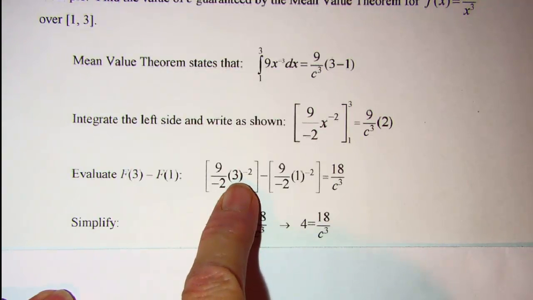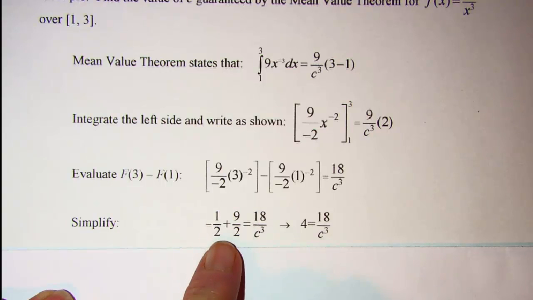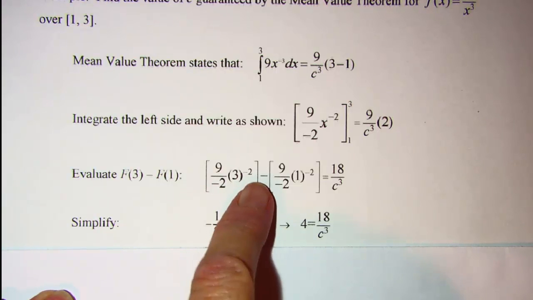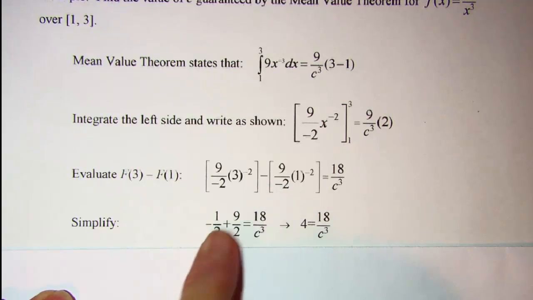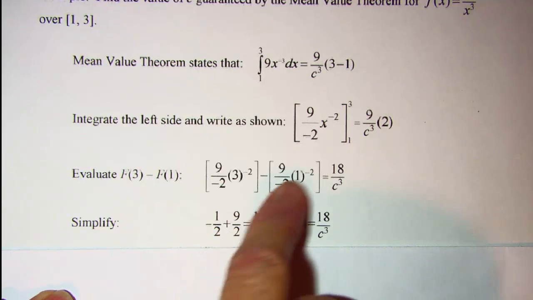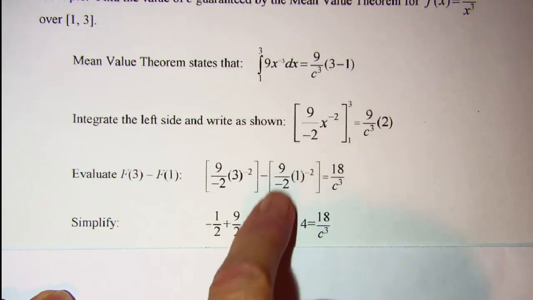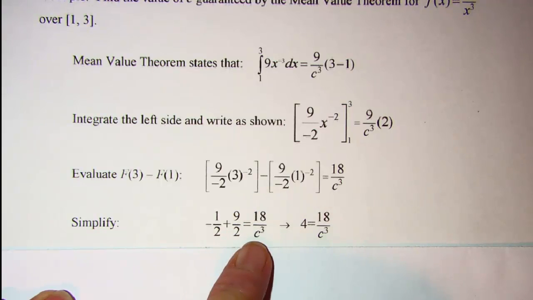Alright. 3 raised to the negative 2 is 1/9, and so that simplifies just to a negative 1/2 because the 9's cancel. And then I have minus a negative, so plus. And then this is just 9/2. Alright, when we do the math here, we have 8/2, which is 4.